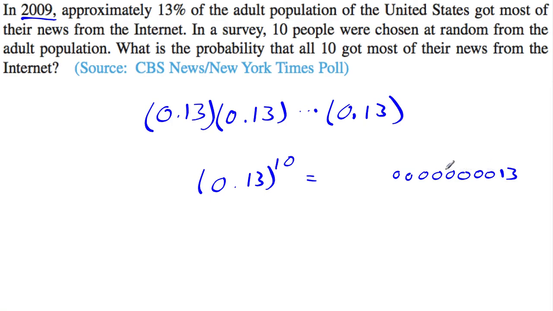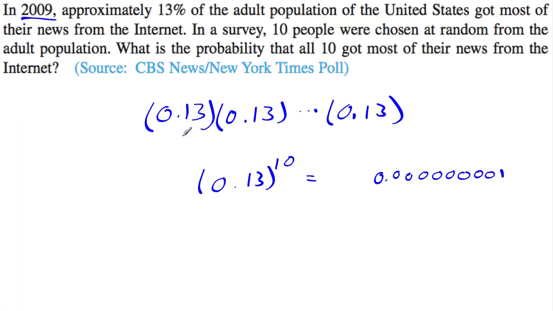Yeah, about that. It's a really small number. So that's what we want to do because they're independent. The fact that I pick one doesn't have any impact on the other.